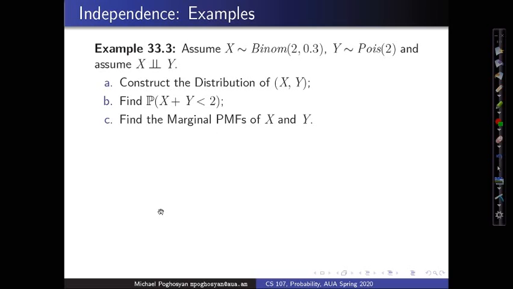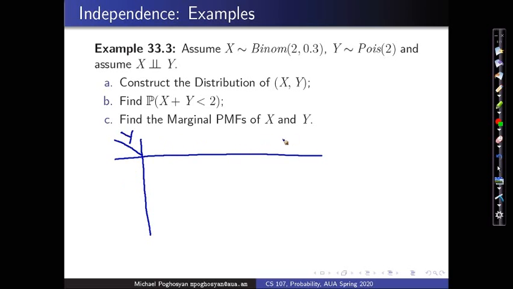I will do that. Let me construct that PMF table. I will take the values of Y in a row, because Y will have infinitely many values, and X will take just a few values, three in fact.